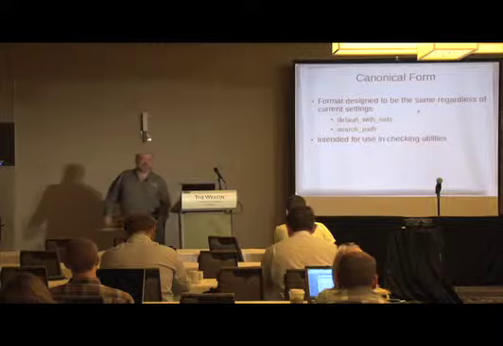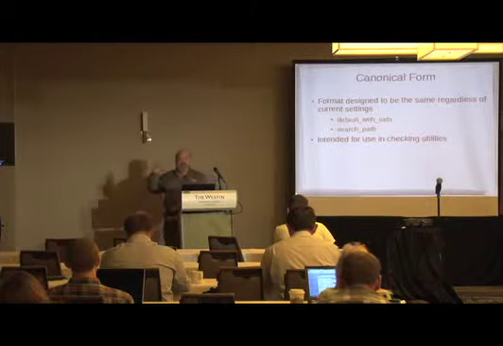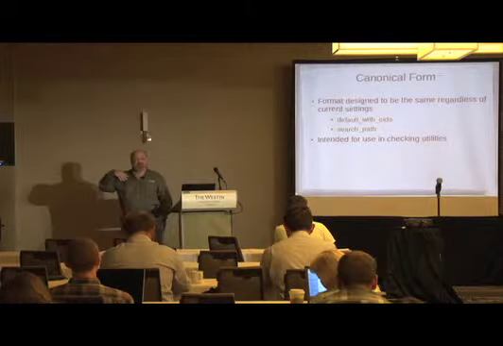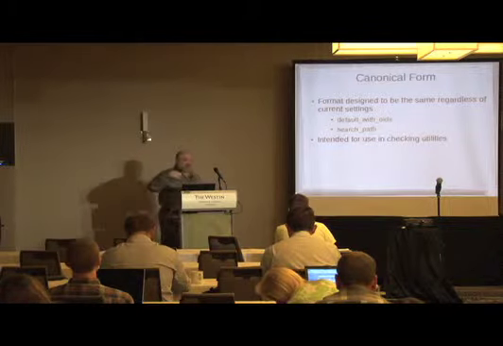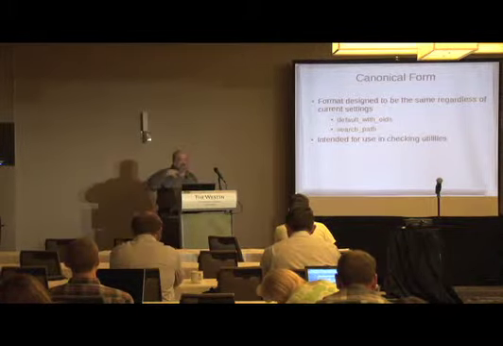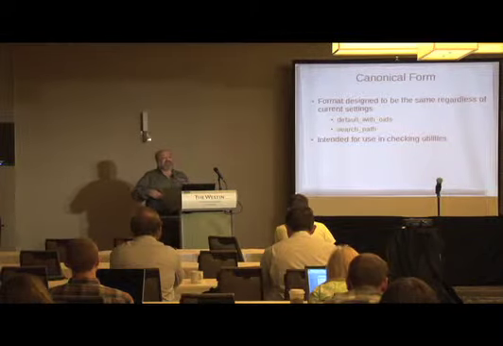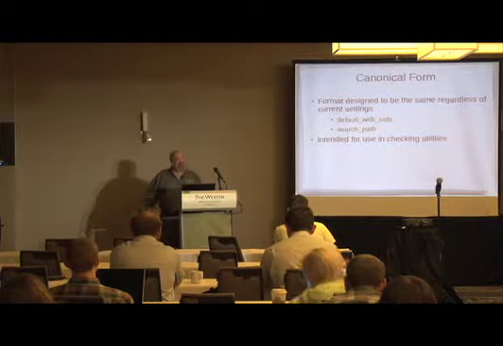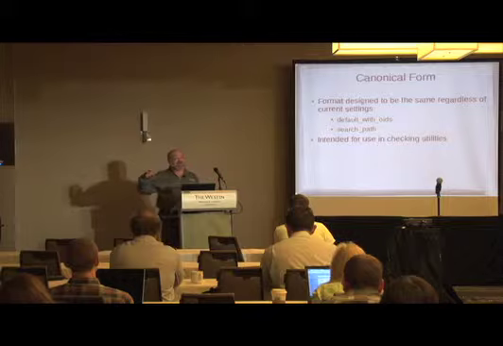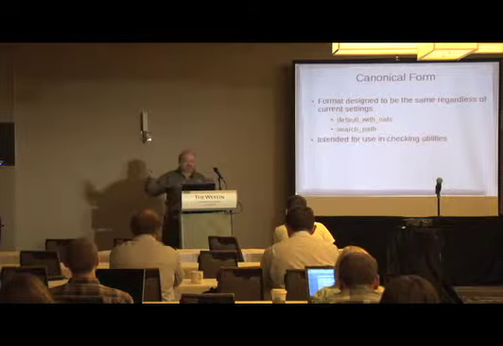Essentially, it's designed to ignore your settings for default with oids and search path, and there may be some other things that I come across as I keep going with the development of this that will be reflected in there as well. Those are the things I've come across so far. Probably things like text search configuration and others will be added. Anything that you can set in a set command, basically, we want to be able to abstract away so that we can always get the same DDL no matter what our settings are.